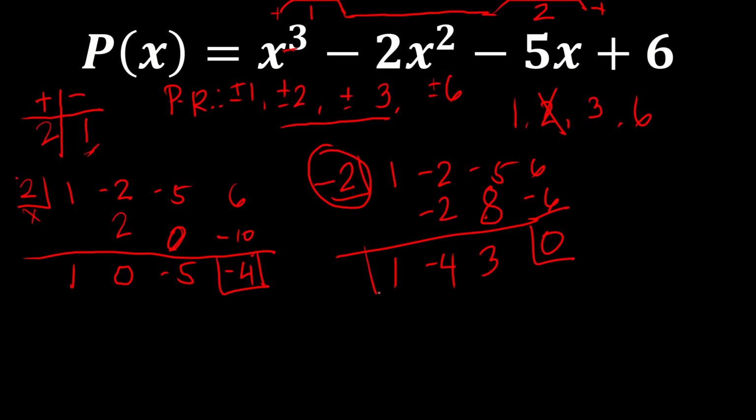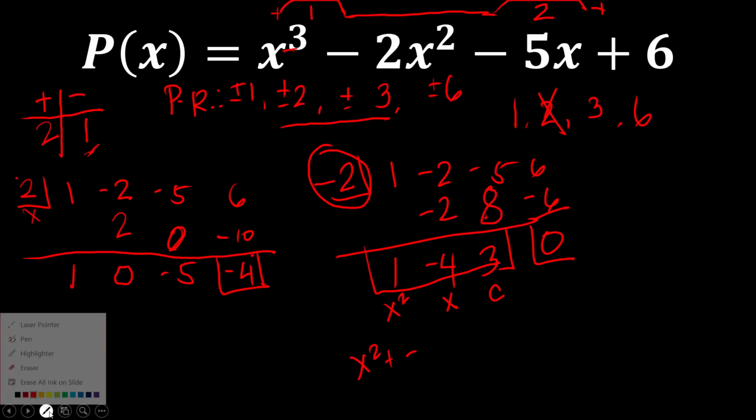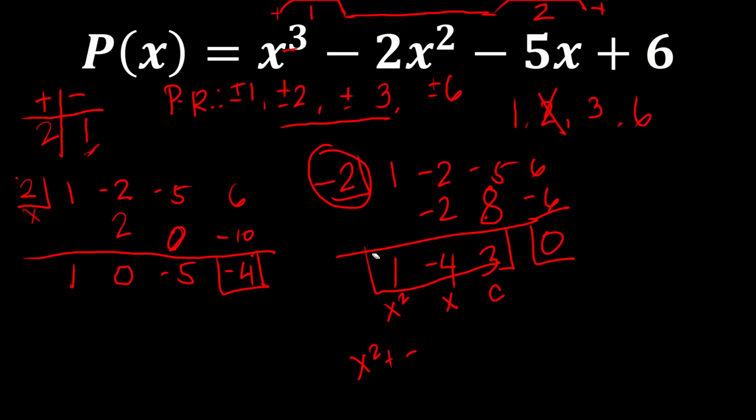Now, di ba meron tayo dito nakuha? Si 1, negative 4, si 3. Di ba ito yung constant? Ito yung x. Ito si x squared. So, kapag sinulat natin siya, this is now x squared minus 4x plus 3.